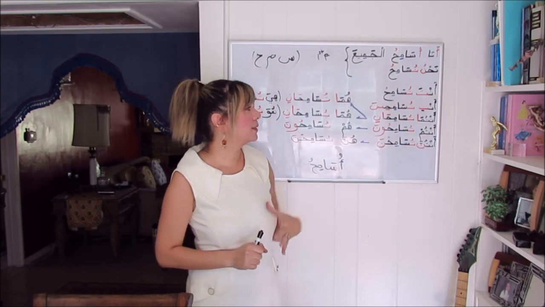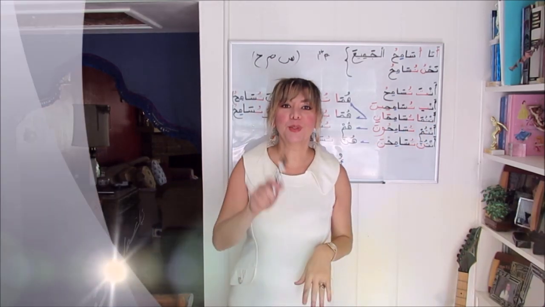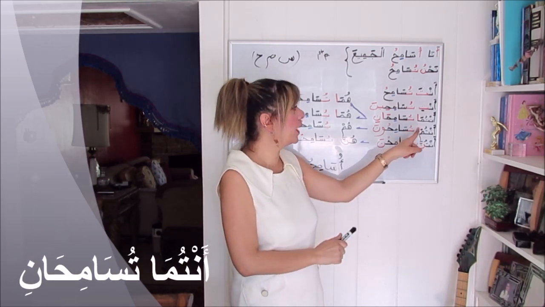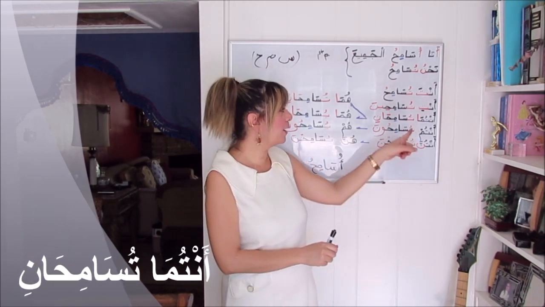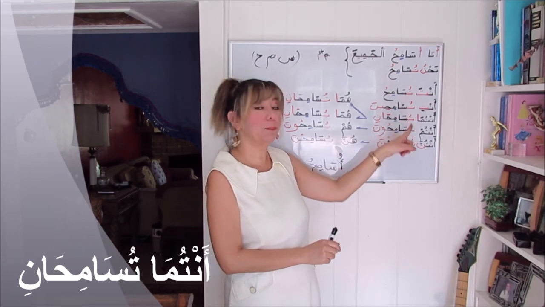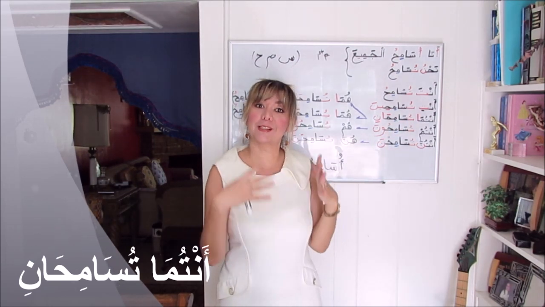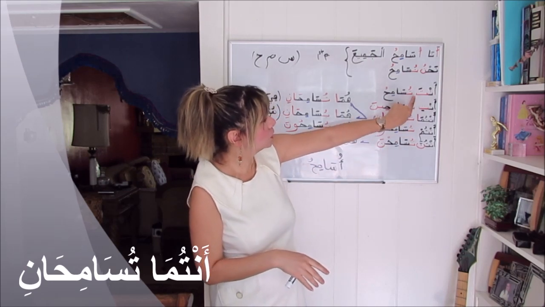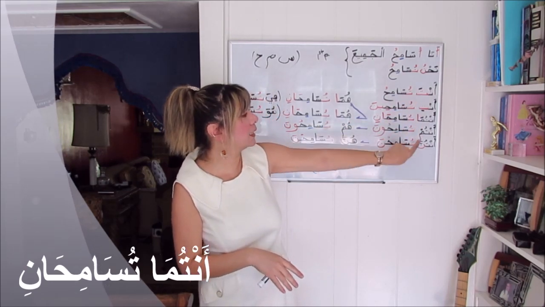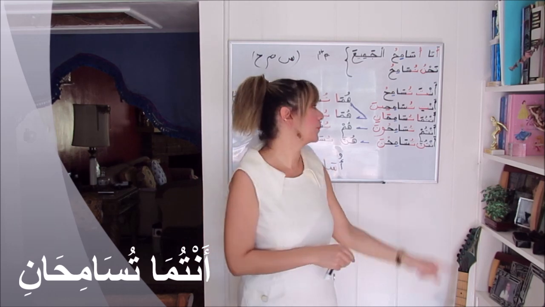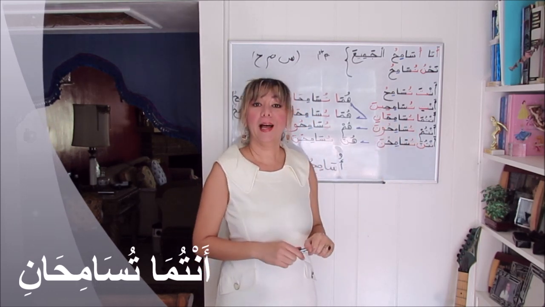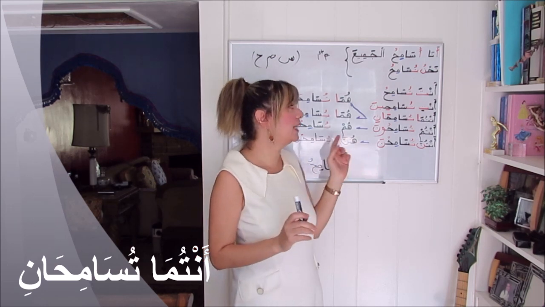So antuma, second person, dual for both genders. Antuma, again, we have the same repeating prefix, tu. So we're following a pattern for second person. Tusamihani, tusamihani.